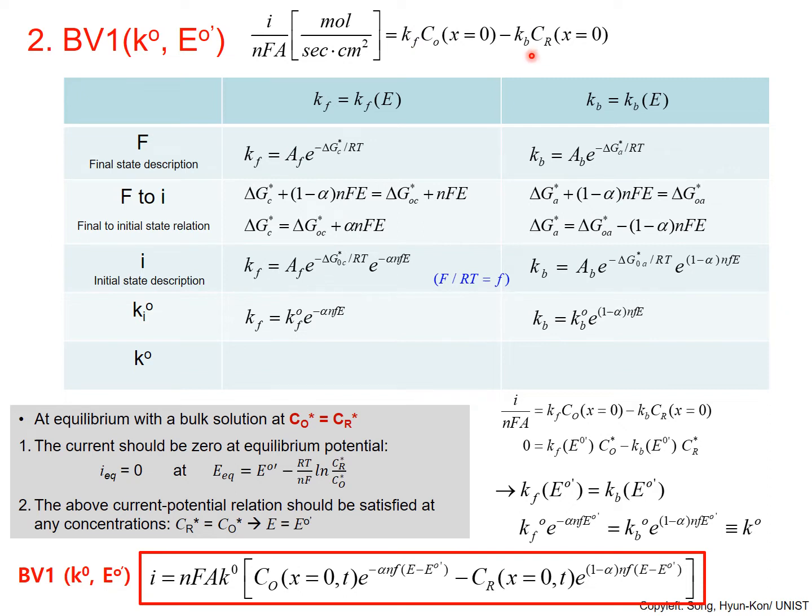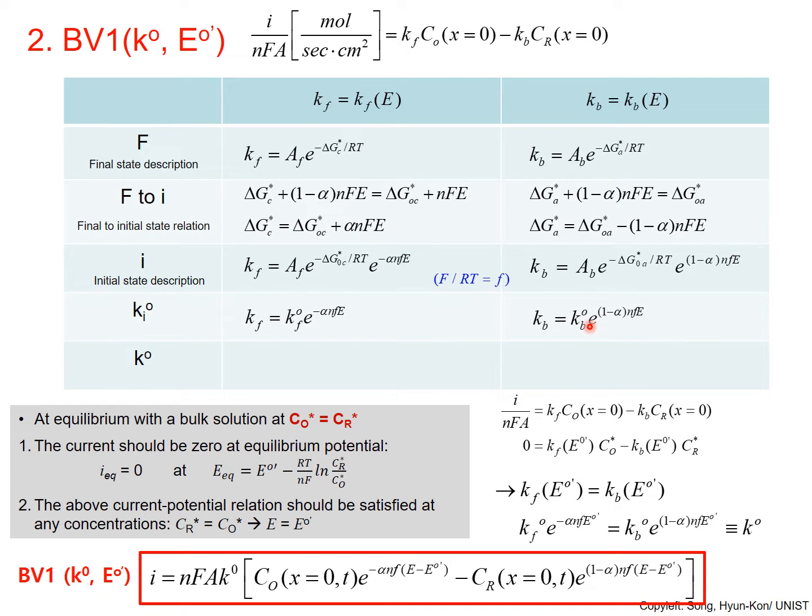The potential dependency of both the rate constants are here, like Kf can be described by exponential function of potential, and also the backward rate constant is also described by exponential of potential. So these equations, I mean again the mass action law with the potential dependent rate constant, should be working with any conditions.